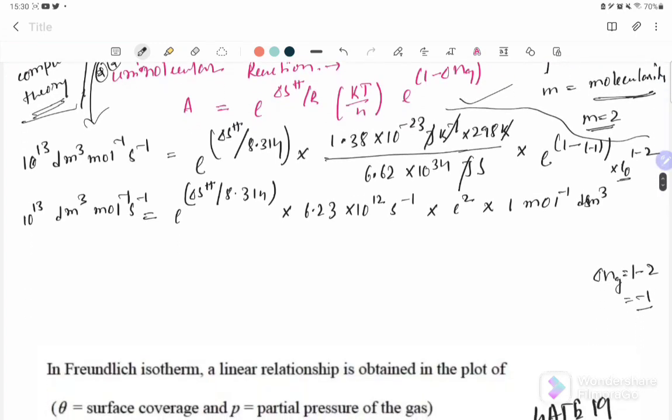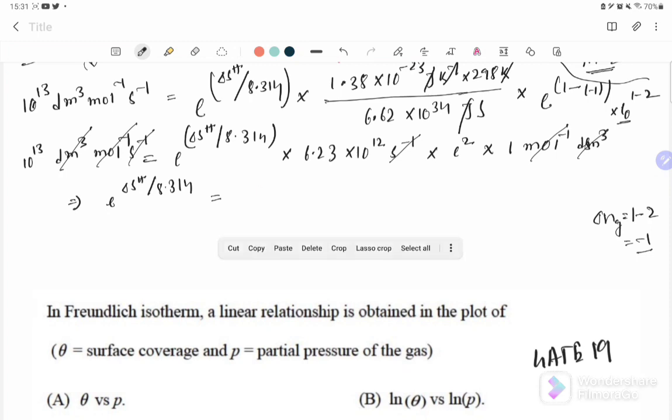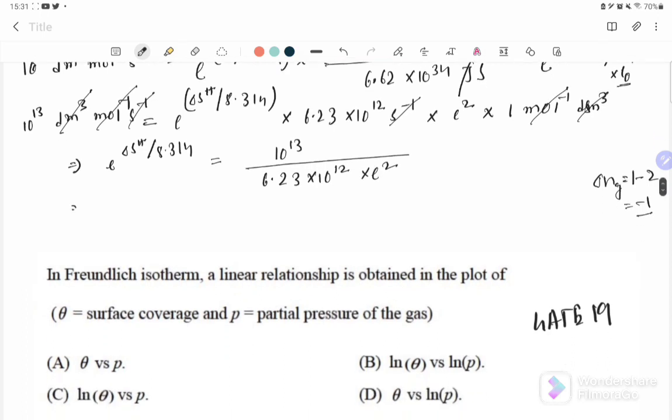So you can see that second inverse cancels out, mole inverse cancels out, dm cube cancels out, everything cancels out. So now it is e square.